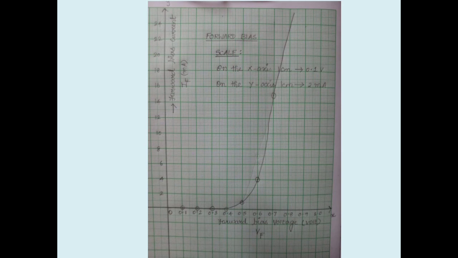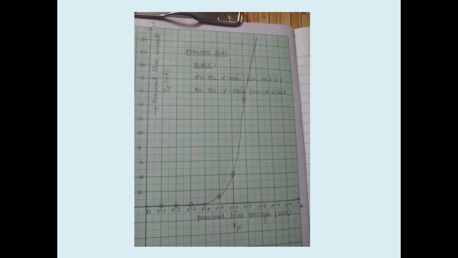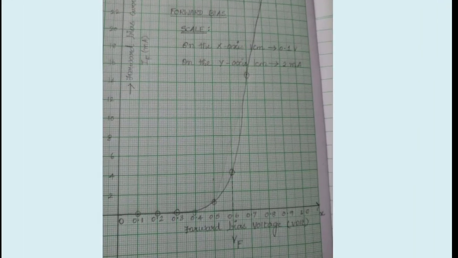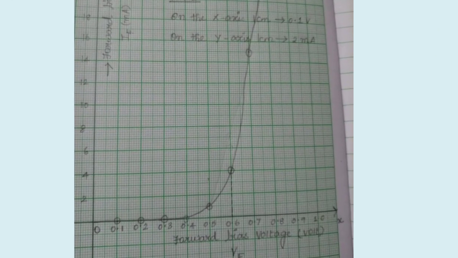Apart from drawing this forward characteristics, we need to know the knee voltage as well as the forward resistance of the junction diode. Knee voltage is the voltage at which the diode starts conducting.